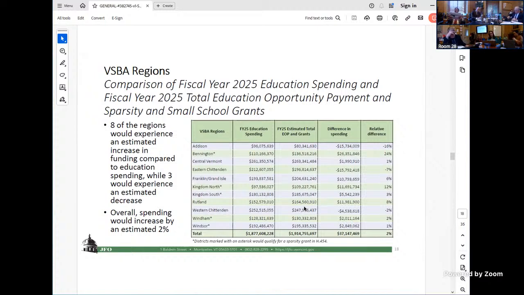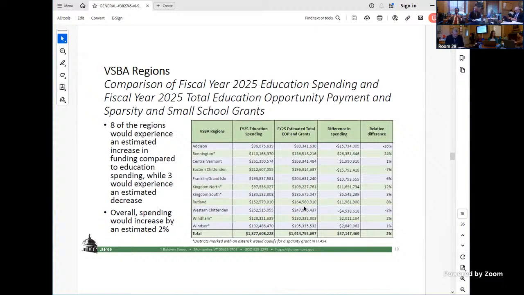Can I ask a question? When we did Act 127, did we at that point pull apart English language learners as separate from economically disadvantaged? Yes. Okay, good.